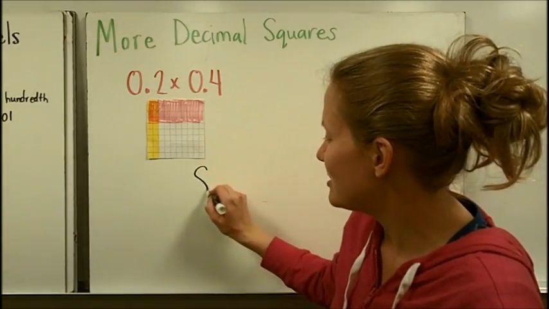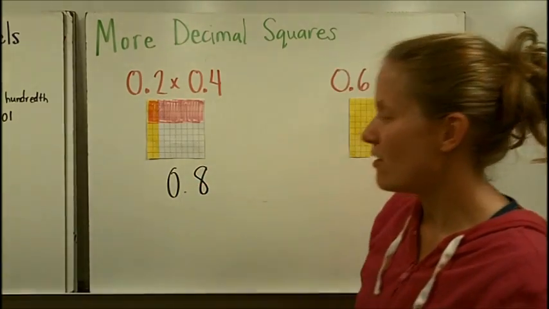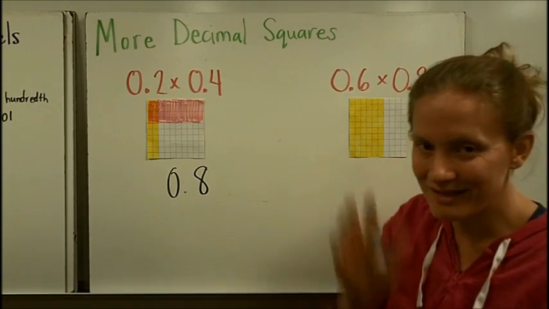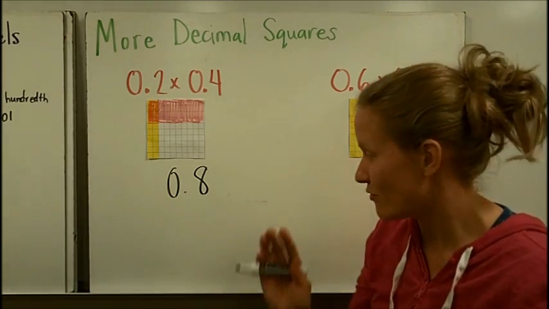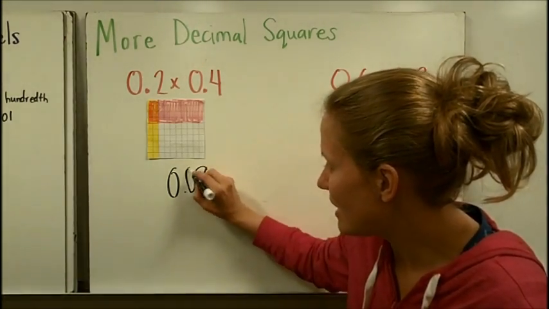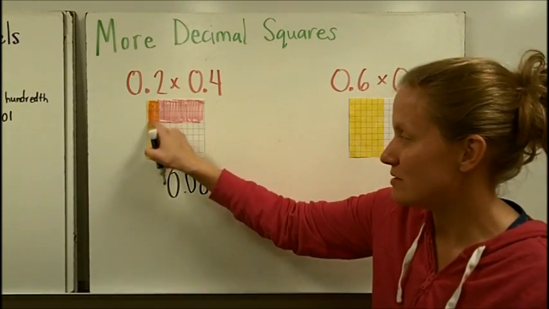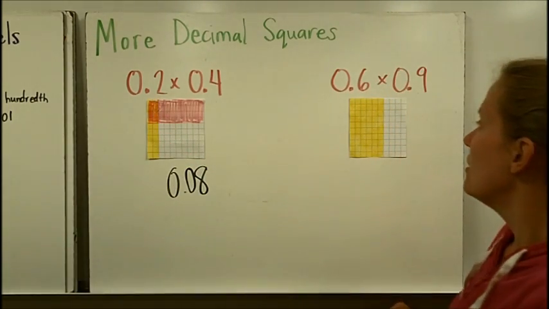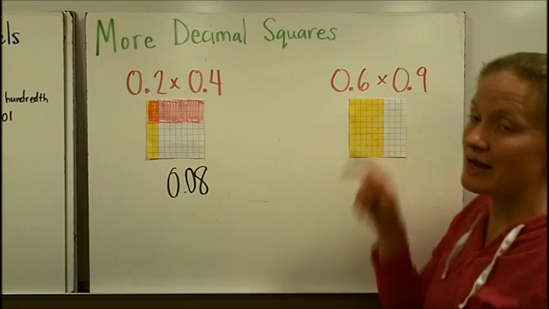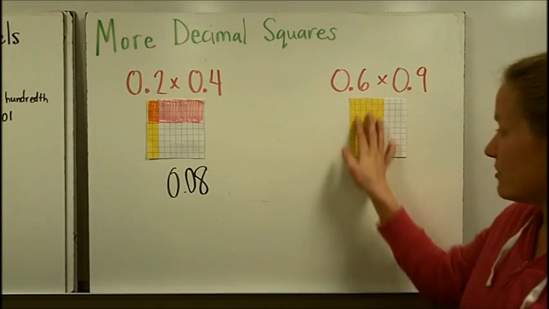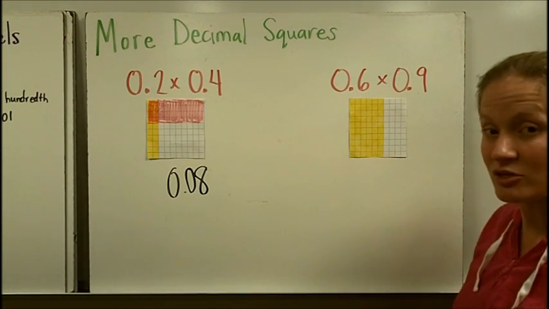And you might be tempted to say, oh, it's 8/10. Well, 8/10 would be 8 rows overlapping. This is actually 8 hundredths, or 8 small pieces overlapping there. Over here I have 6/10 times 9/10. I've already shaded in the 6/10, so now I'm going to shade in 9/10.